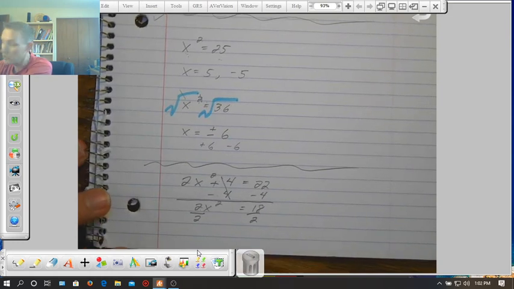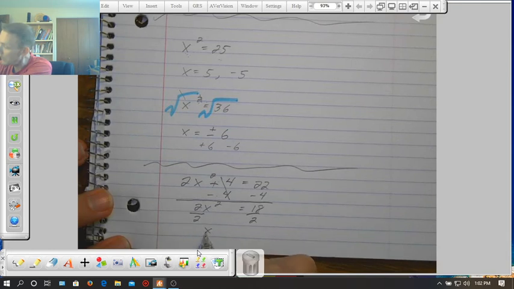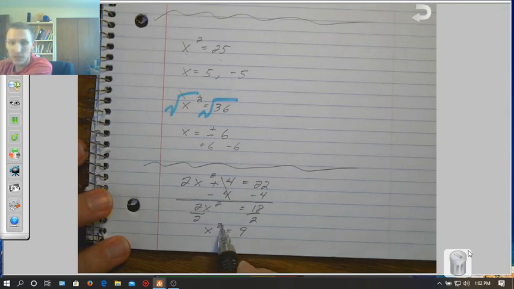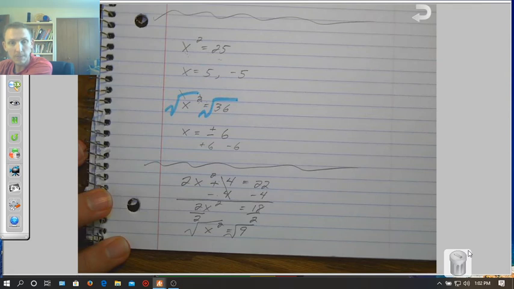After I divide by 2 on both sides, I'm going to have x squared left equals 9. Well, when I have the x squared and equals 9, I have one final step to get x alone, and that is to do the opposite of squaring. And the opposite of squaring is to square root. So I'm going to square root both sides.